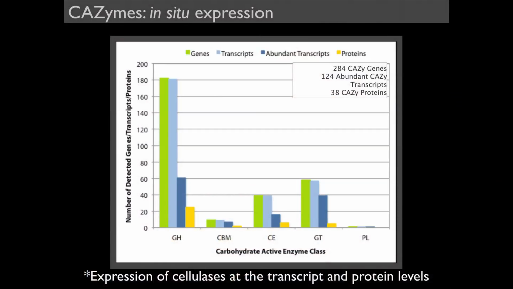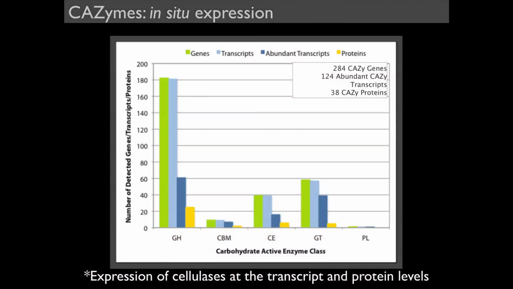I arbitrarily called abundant transcripts as those that are in the top 50% of the transcripts in terms of abundance, and those are shown in the dark blue bars. In yellow, you'll see the number of proteins that we saw in the proteome from the fungal streamer biofilm.